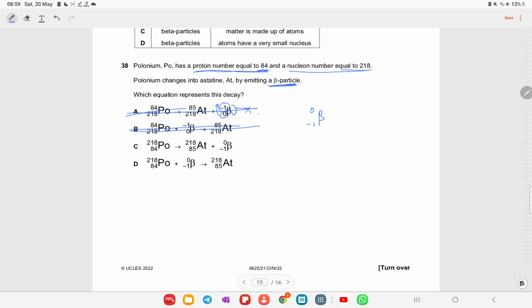Option B cannot be the right answer either. Option C and D. Option D is also not a possible answer. Let me check the nucleon numbers, 218 and 0. That's right. 84, 85. Yes. So option C is the right answer.